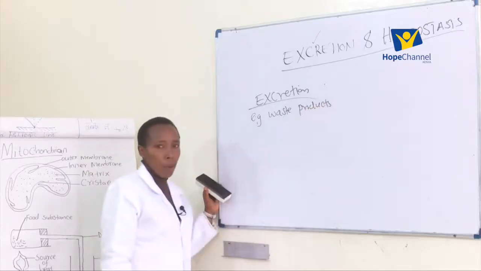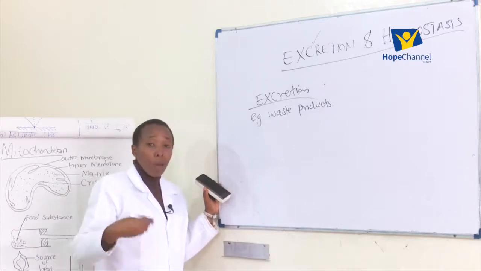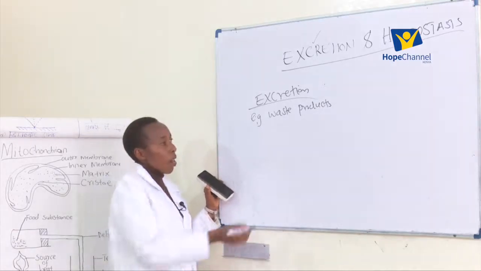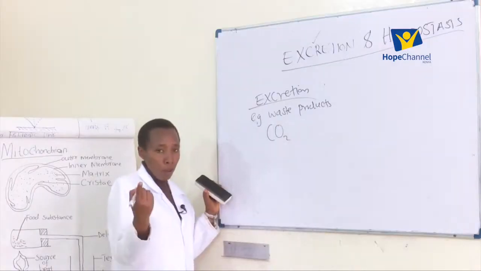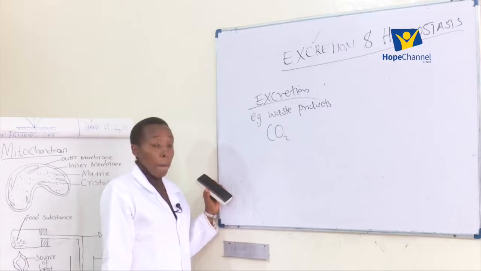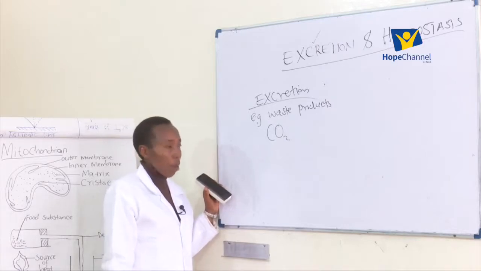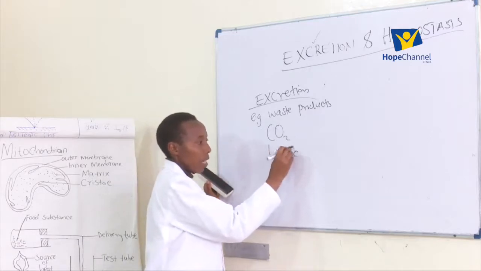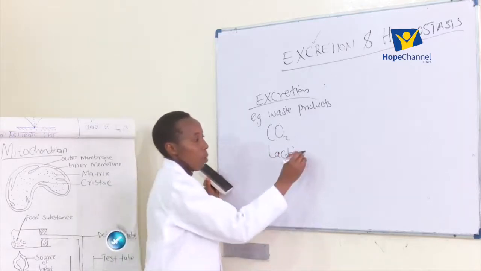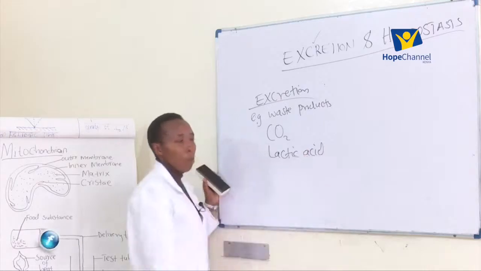So which are these examples of waste products that we are eliminating from the body? Number one, carbon dioxide. Carbon dioxide can be eliminated by both plants and animals. We are going to see that. Then we can talk about lactic acid. Lactic acid is a waste product.